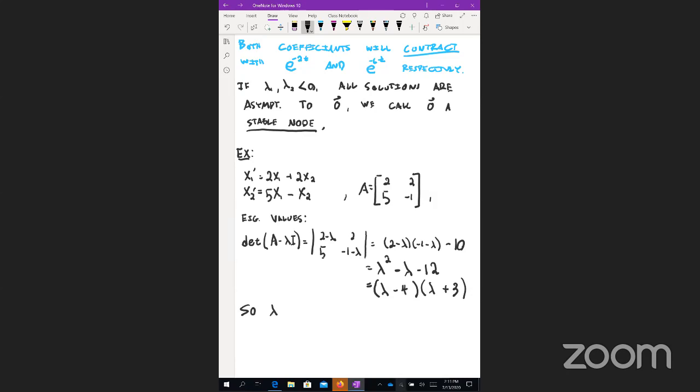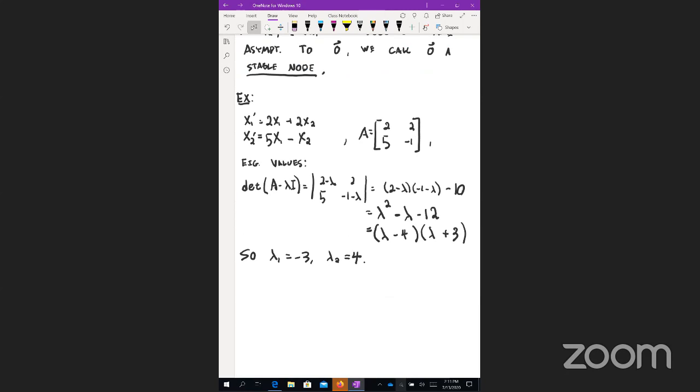So let's call lambda 1 minus 3 and lambda 2 4, to keep increasing the eigenvalues with the numbers.